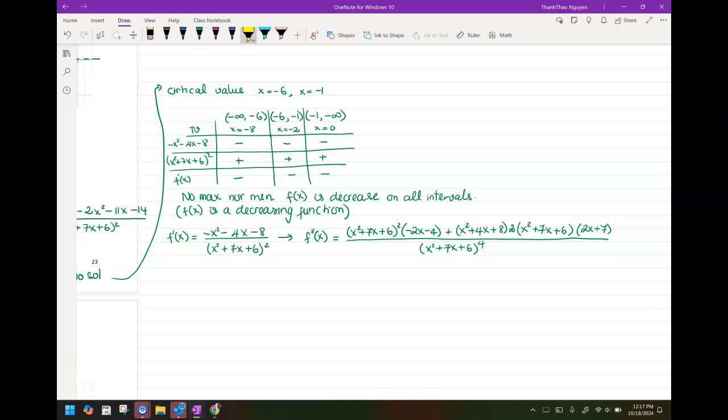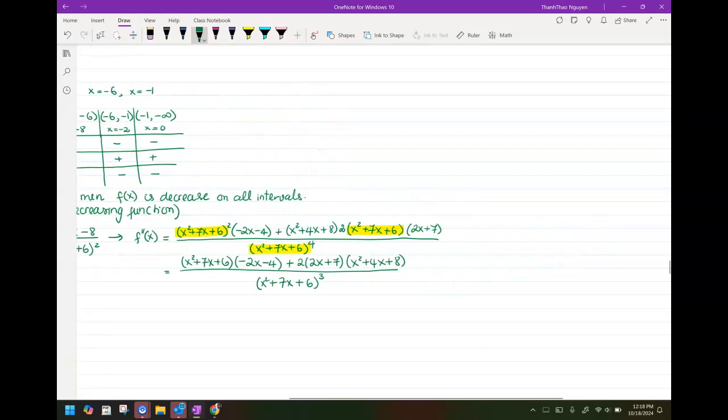Note that we have an x squared plus 7x plus 6 squared and the x squared plus 7x plus 6 in both terms in the numerator. I factor x squared plus 7x plus 6 in the numerator and simplify that with the denominator. What's left over is (x squared plus 7x plus 6) times (negative 2x minus 4) plus 2 times (2x plus 7) times (x squared plus 4x plus 8), divided by (x squared plus 7x plus 6) to the third.